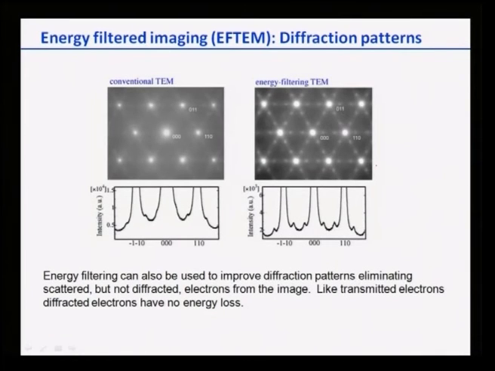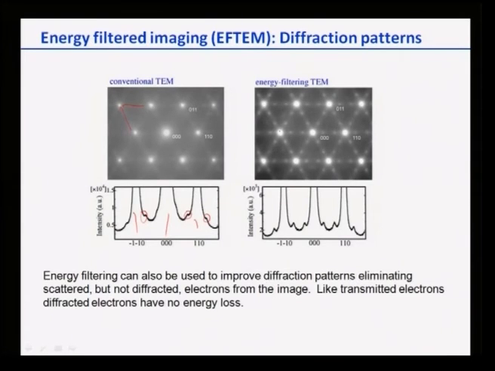To give some more information on how energy filter TEM can be used to produce better diffraction patterns, this is the conventional TEM. We can see streaks passing through this, and once you map the intensity you can see this kind of broad features, followed by these small peaks. But once you use energy filter TEM we can enhance these small peaks.